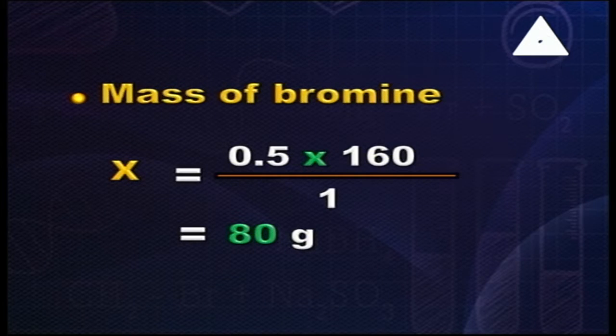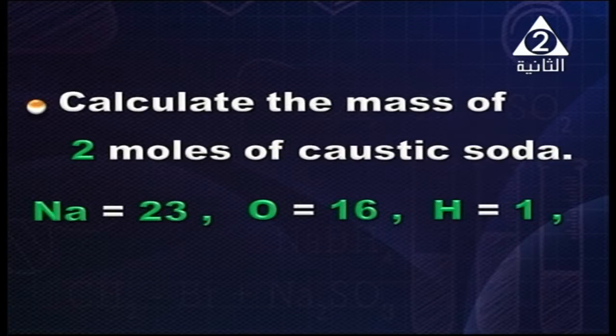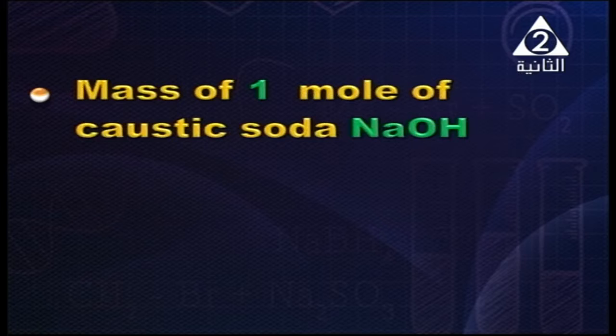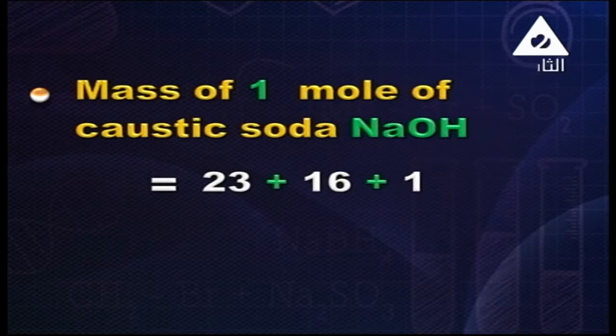Don't forget that. Look at this example. Calculate the mass of 2 moles of caustic soda. Caustic soda, yes, we learned it before. NaOH, Na 23, O 16, H equals 1. It's easy. Which method do you need? Mass of 1 mole of caustic soda NaOH equals 23 plus 16 plus 1 equals 40 grams.